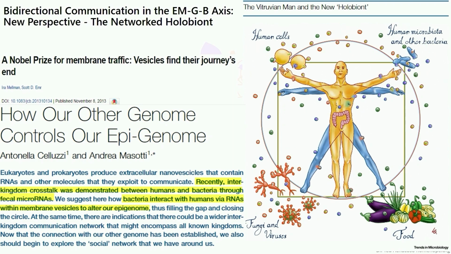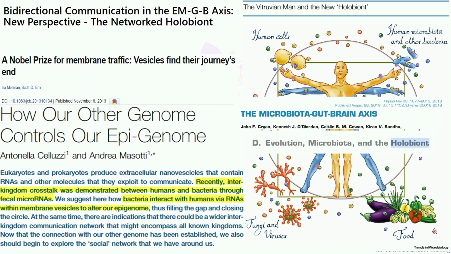And the last means that was just shown was actually by membrane vesicles, which was forbidden. This form of communication between species was forbidden by biology, by dogma a long time ago. Finally, this is a 2019 article. They're finally using the term holobiont in the Microbiota-Gut-Brain axis articles that you will find out there.